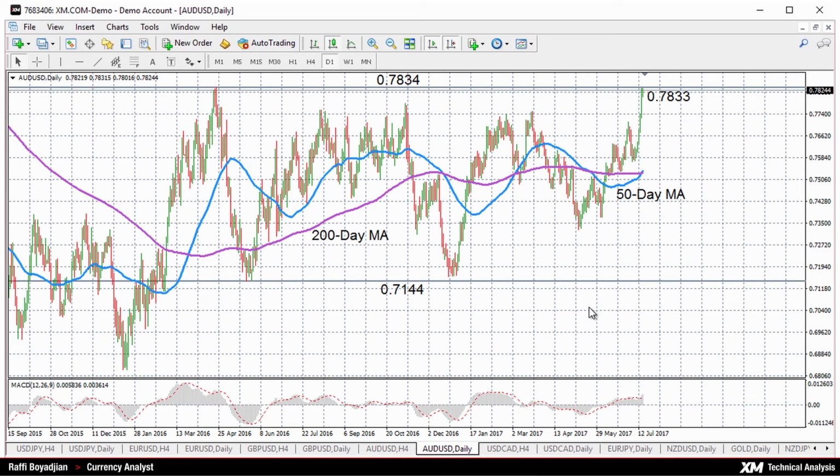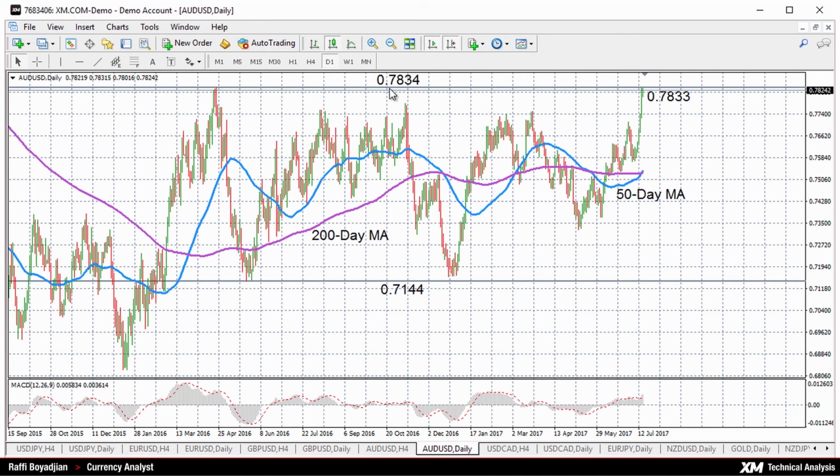But despite that strong bullish momentum, if we look at the daily chart, we can see that in fact prices have failed to break above the top of the current range. We can see the current range that's been in place since spring of 2016.